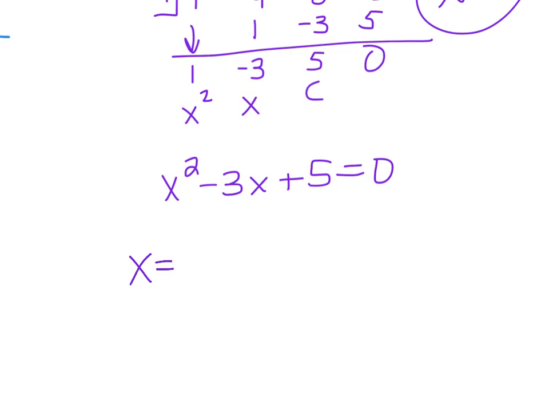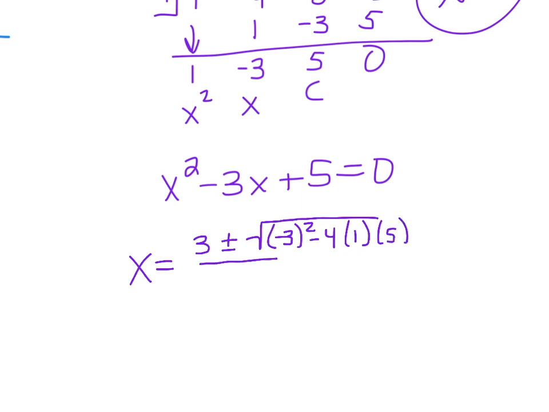My b term is negative 3, so it's going to be positive 3 plus or minus the square root of b squared, so negative 3 squared minus 4 times a is 1, c is 5, all over 2 times 1, which is 2. You guys with me? That formula, what is it called? The quadratic. If it's squared, it's a quadratic.